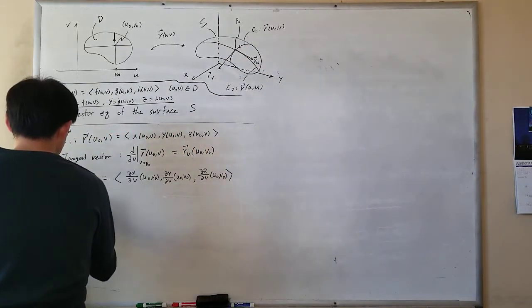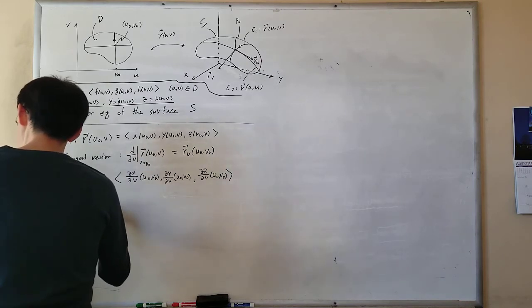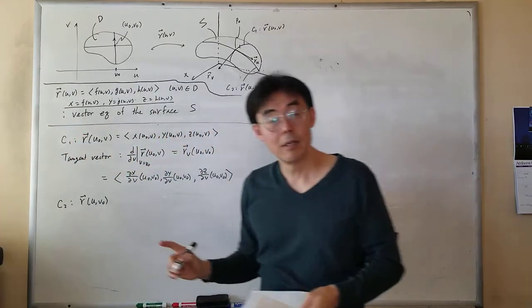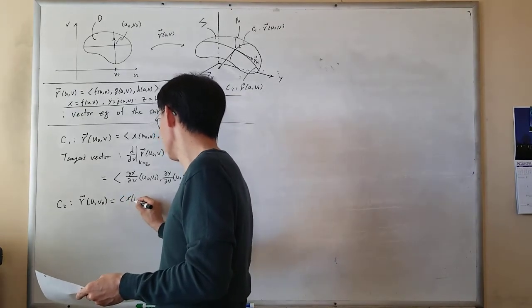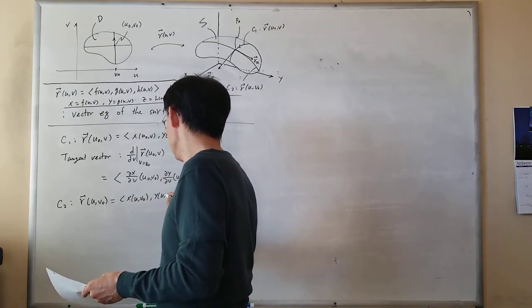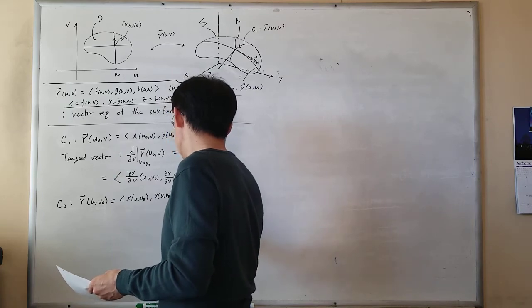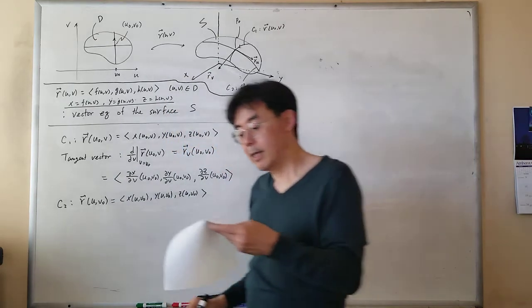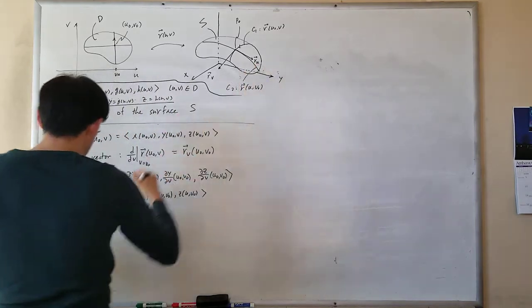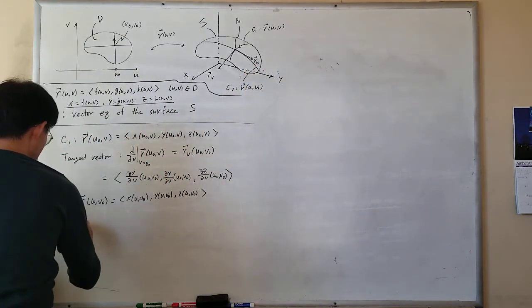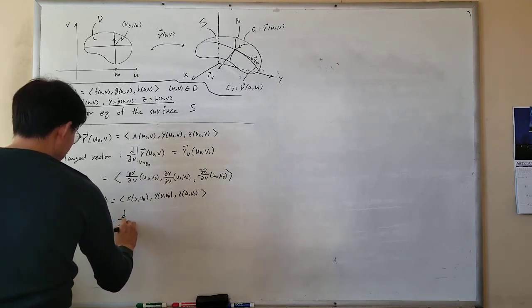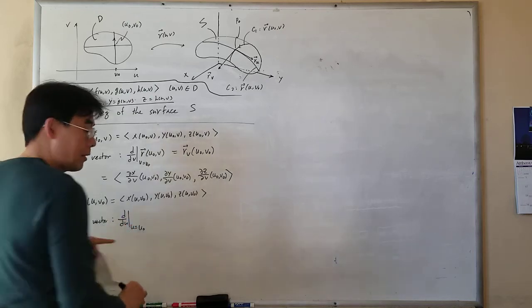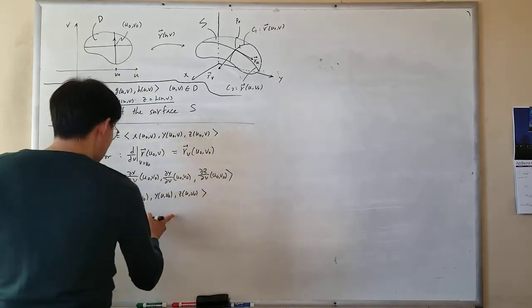Likewise, this time you fix the second parameter v as fixed at v0. That would be x of u, v0, y of u, v0, and so on. Right? And then the tangent vector will be the u derivative, evaluated at u equals u0 of this function.